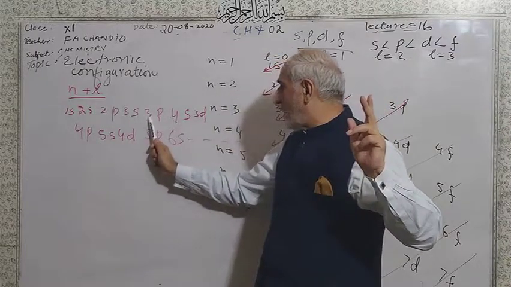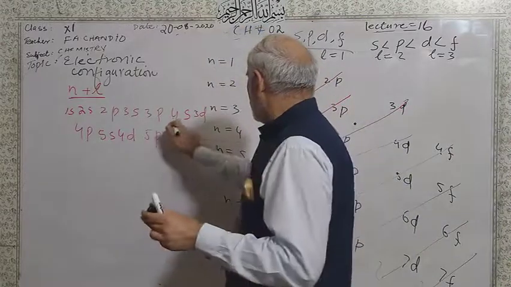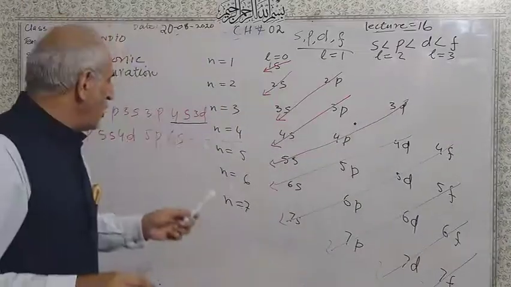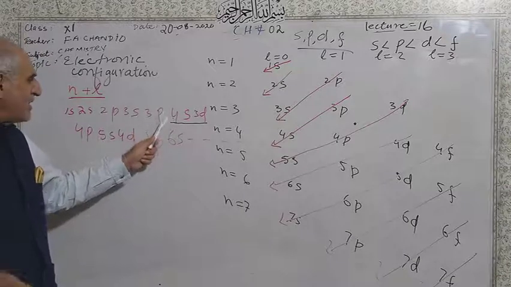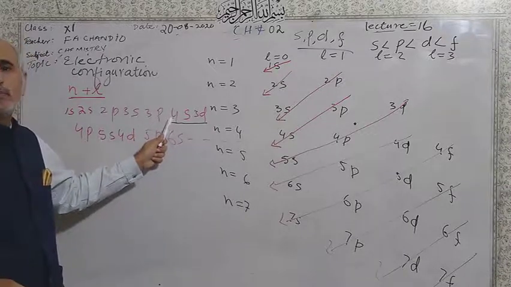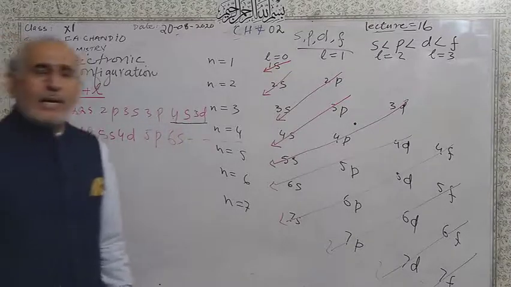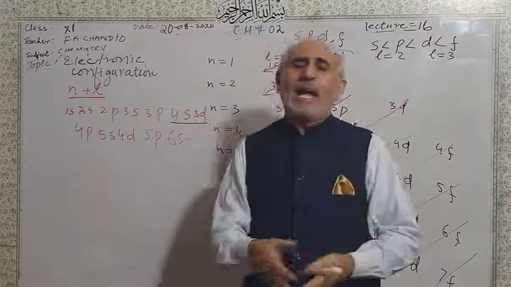This is the M shell. But if you read here, 4s, 4 is after K, L, and M. This is the shell M, and this is the shell N. Alphabetically, M is first, then N.